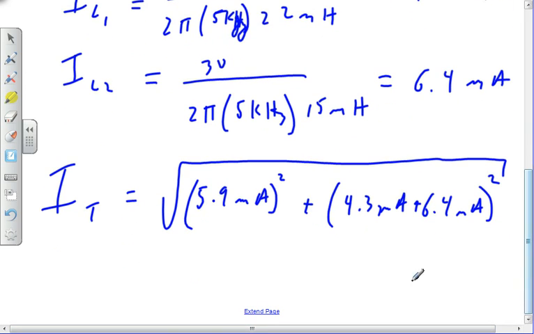It's killing me. All right. Plus 0.0043 equals, squared, plus 5.9 minus squared, equals square root 12.2. I have a total current of 12.2 milliamps.